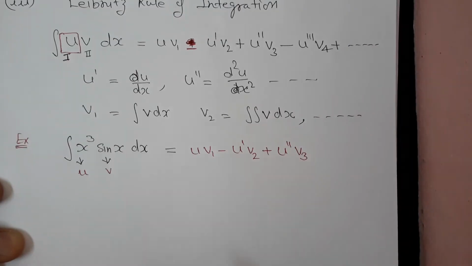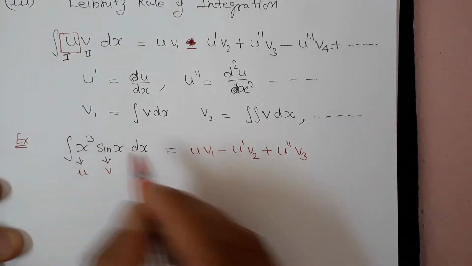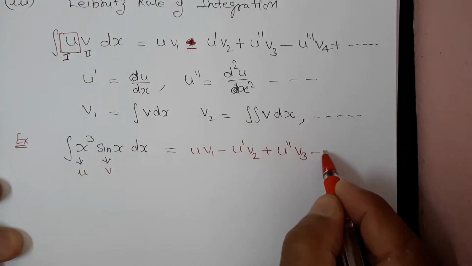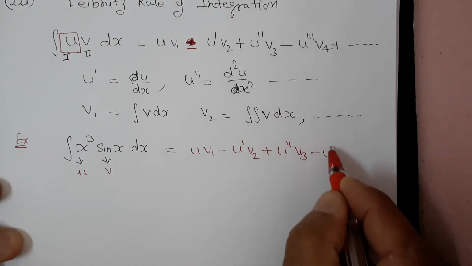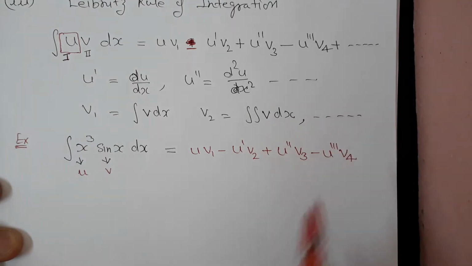Because we know the fourth derivative of x cube will be 0, we will go up to third order derivatives u triple dash and v4.